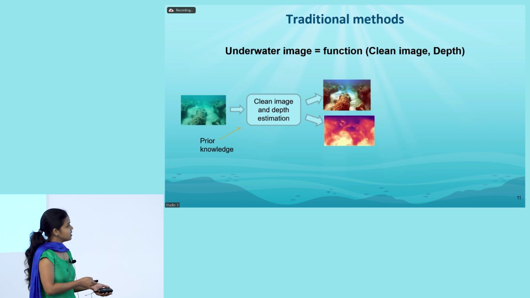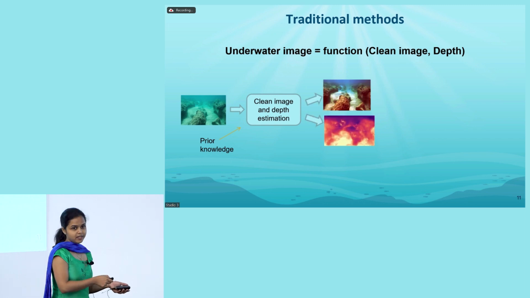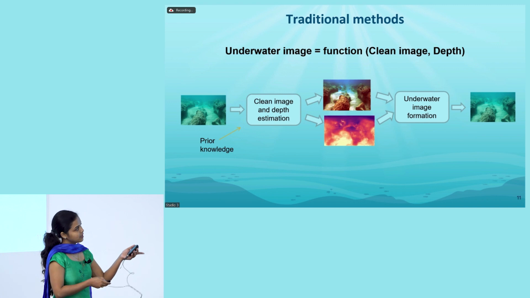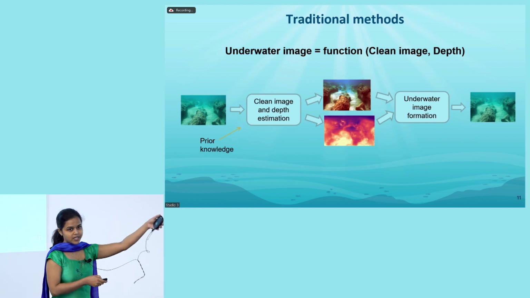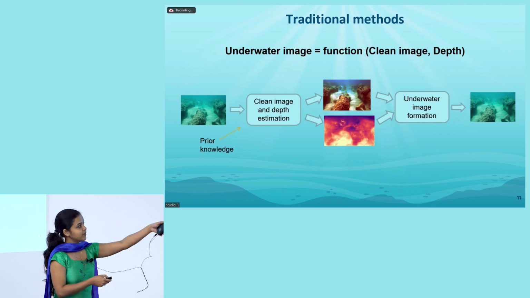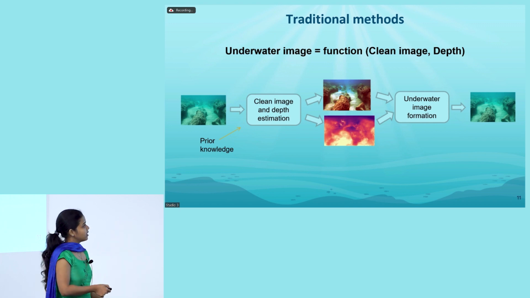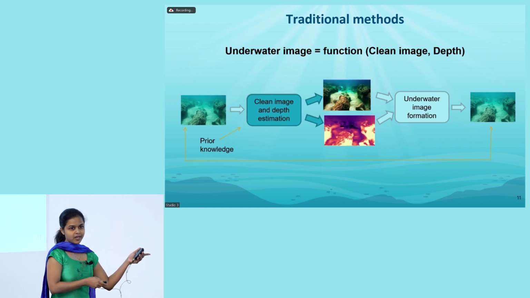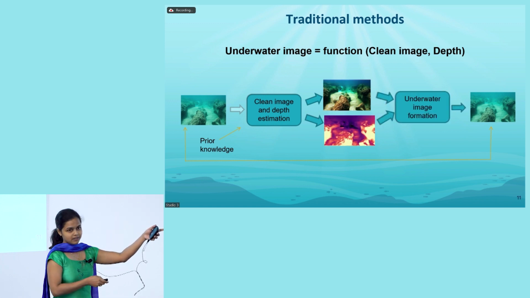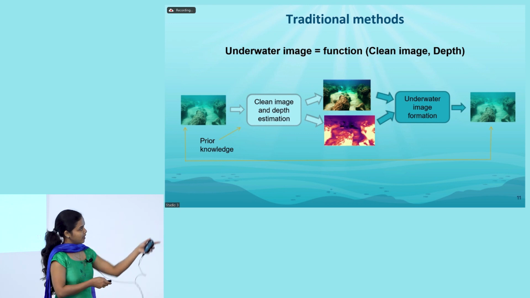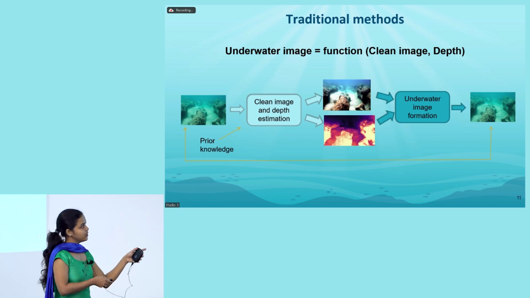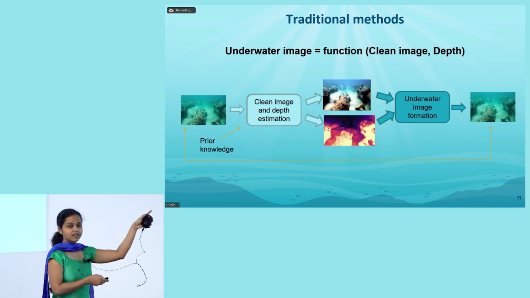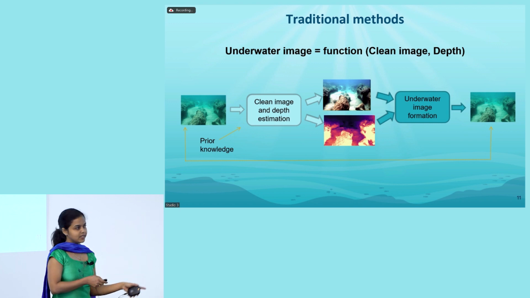At first they find some random output, then pass it through the function to regenerate the input underwater image, and using the error between the output and input they optimize again. The next output comes, the underwater image is formed again, and the optimization continues to get a good restored image as well as a depth.